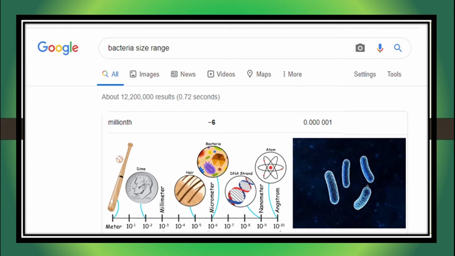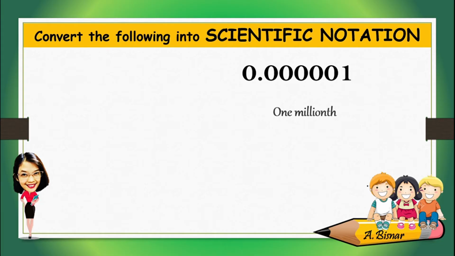That is why we cannot see it with our eyes. We can only see it under the microscope. So the size of a bacteria is one millionth. And that is how small it is.